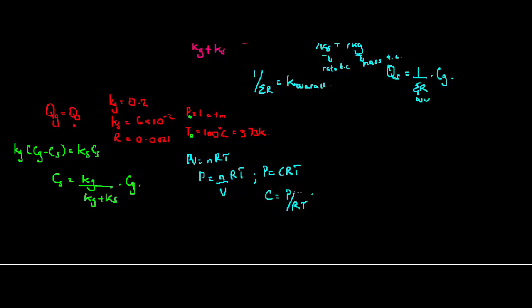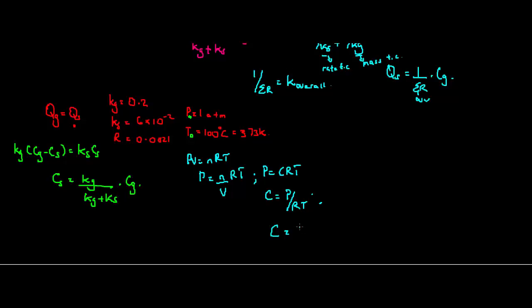What it simply means is that they gave me my P already, they gave me my R already, they gave me my T already. So from this I can now say that my C is equal to 1 divided by 0.0821 divided by 373.